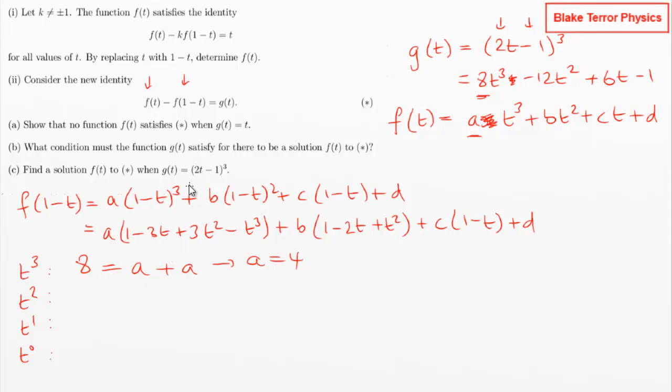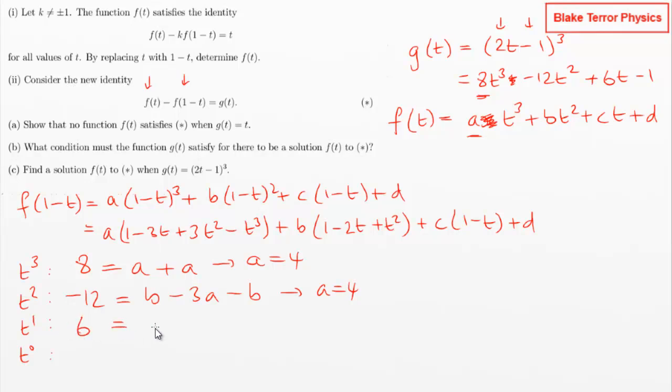T squared. So we're getting minus 12 from g has got to be equal to b minus, so we're going to get minus 3a, and then we're going to get minus b. Right, so that's just telling us that a is 4, so that hasn't helped. Right, hopefully the next ones are going to be more useful.